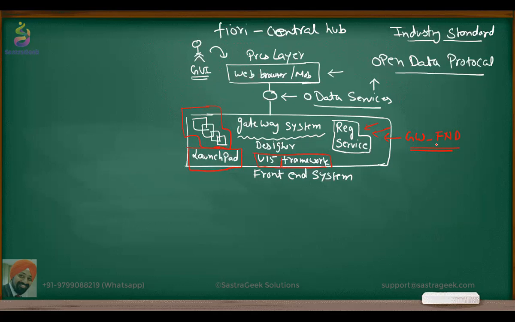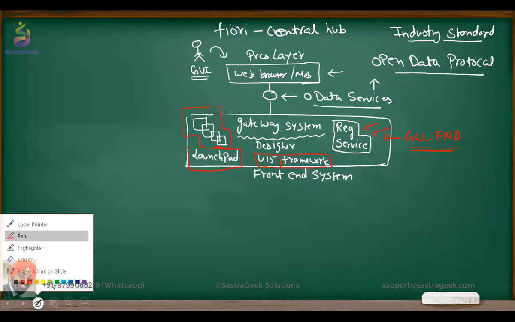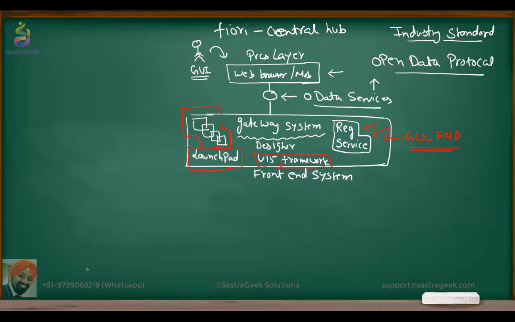Now we would be calling it our backend system. If you remember our S4 HANA architecture, we had an application layer, right? The same application layer, we will be calling it here as your backend system.